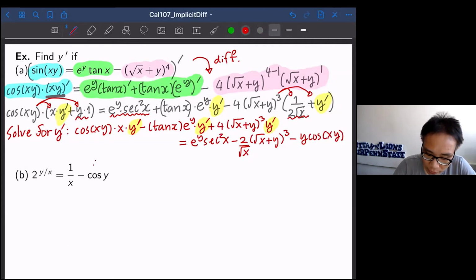So in this case, y prime will be equal to, let me write it here, I need space.